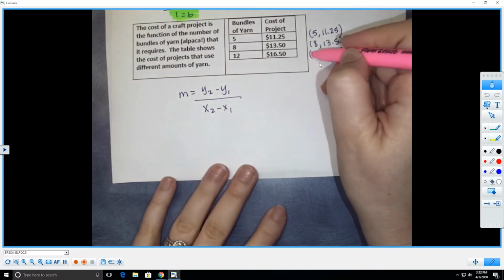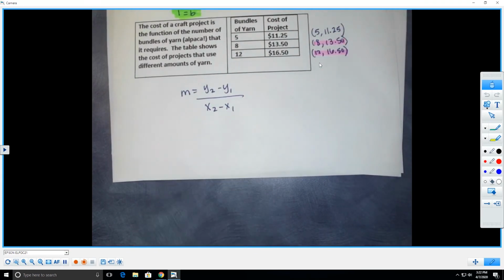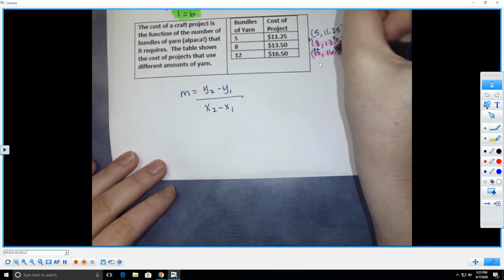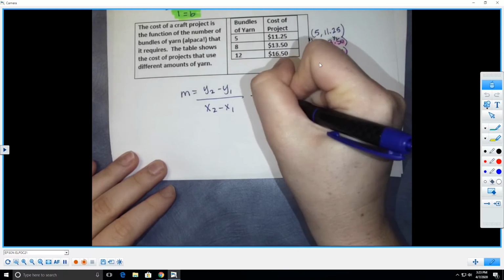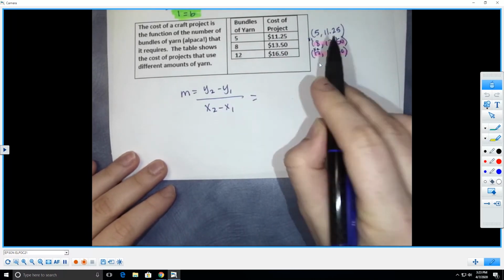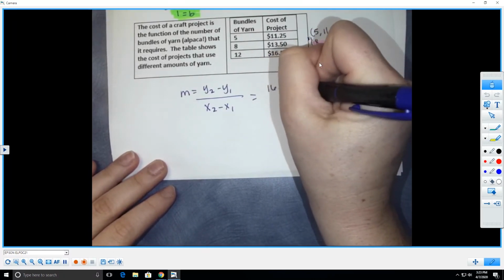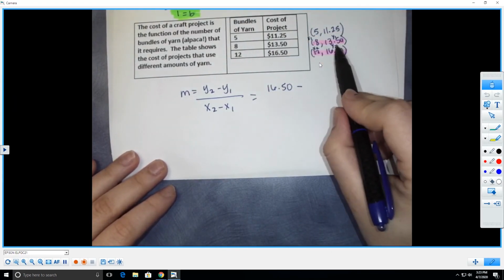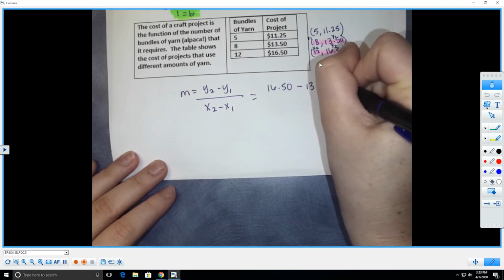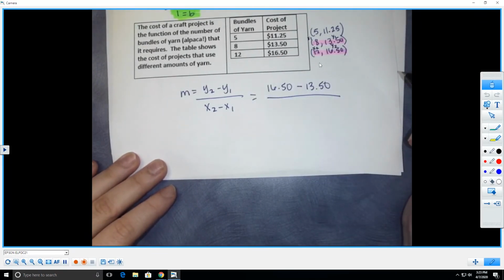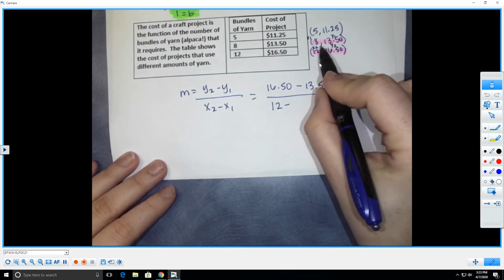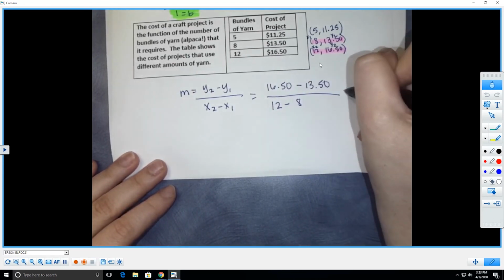Okay, so I'm going to use these 2 points here. I'm going to label them x1, y1, x2, y2. So I have y2, or 16.50, minus y1, or 13.50, over x2, 12, minus x1, 8.